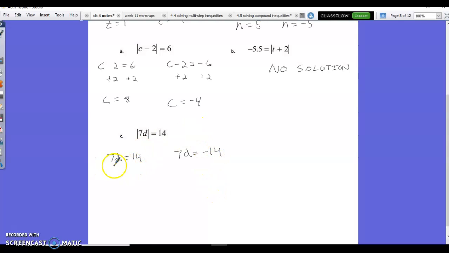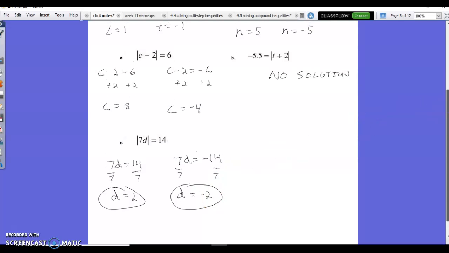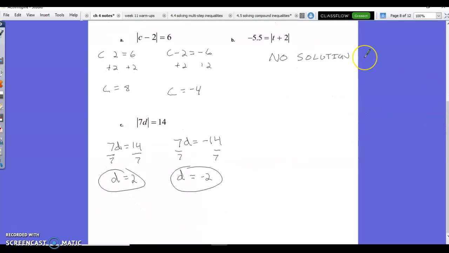Now here we're just going to divide by 7. D equals 2. That makes it true. Divide by 7. D equals -2. So that would be our two answers for that problem. All right. So the example problem goes through a lot. We can do one more example here.